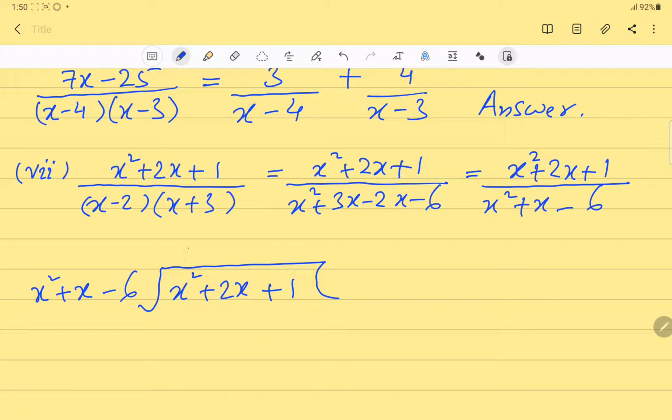X squared into 1 is equal to x squared, and then we will multiply this 1 with x also and with minus 6 also. So it will be plus x and minus 6. When we subtract it, all the signs will reverse. X squared cancels with minus x squared, 2x minus x is x, and plus 1 plus 6 is plus 7.